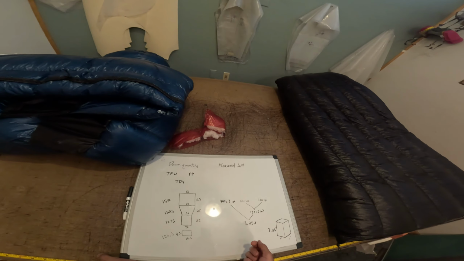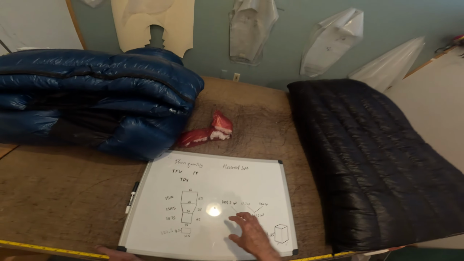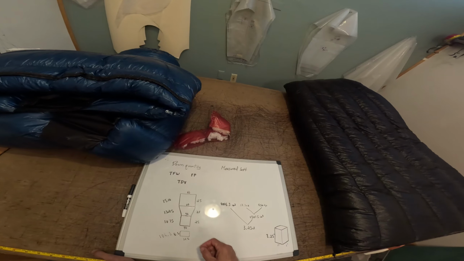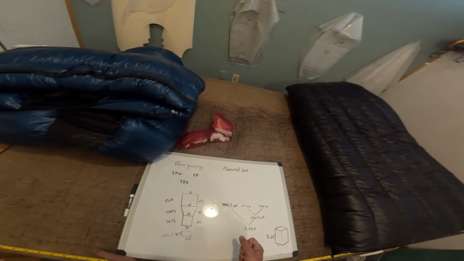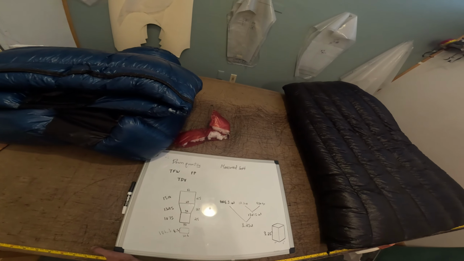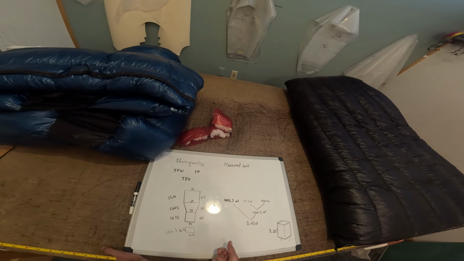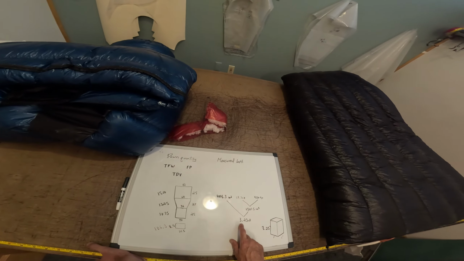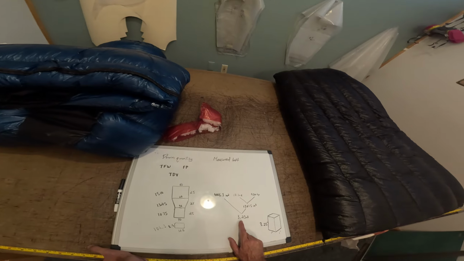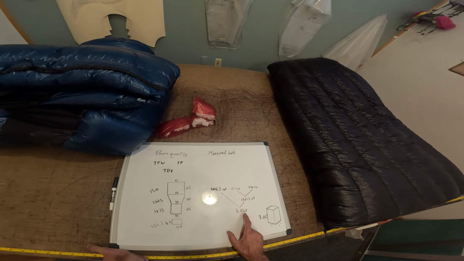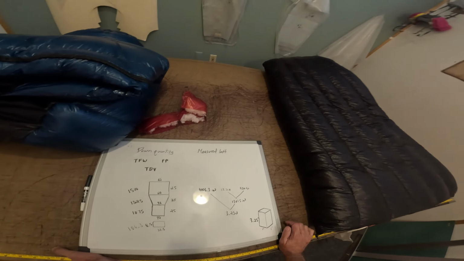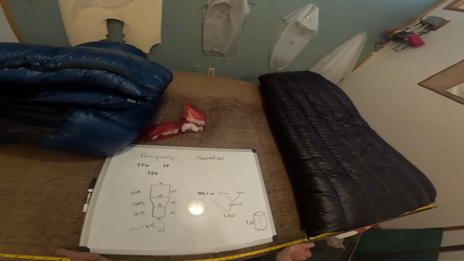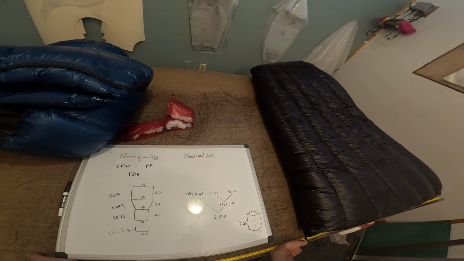Now that we know our area and we know the volume of the down in the whole thing, we can divide the total down volume by the square inches of the quilt, and we bring that down to 3.25 calculated loft, which means that in every square inch of this quilt there is 3.25 cubic inches of down.